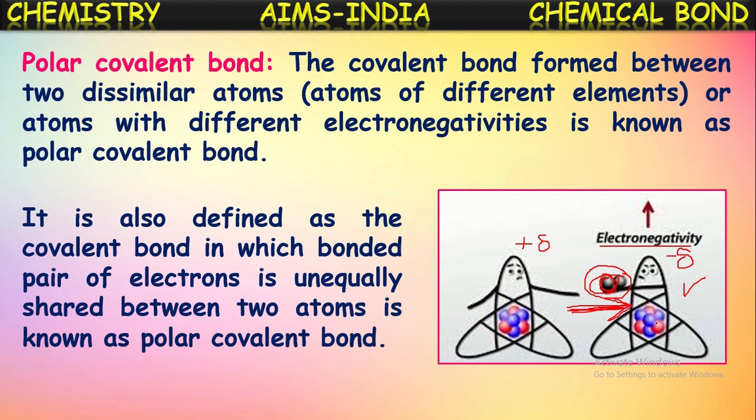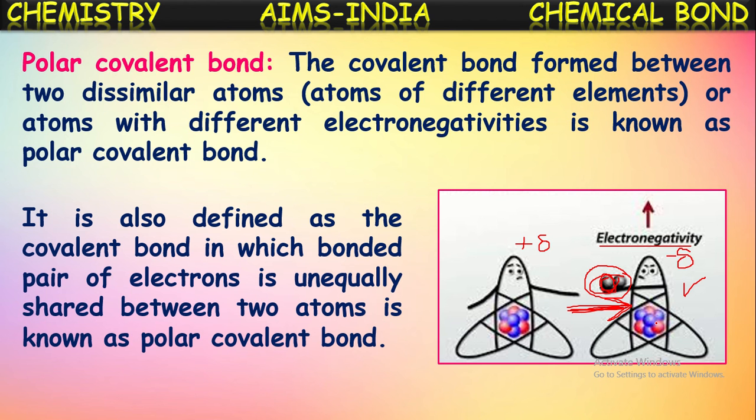So in this way, even though they are sharing a pair of electrons, the sharing is not done equally. Unequal sharing of the electron pair is happening. By that, both atoms attain slightly opposite charges. This formation of charges is called polarity formation. Polarity means charge.